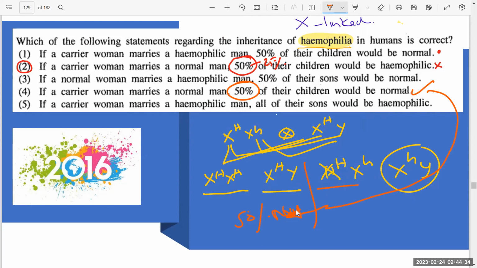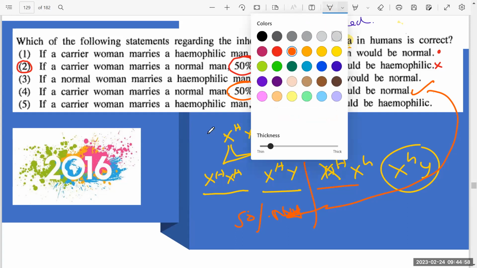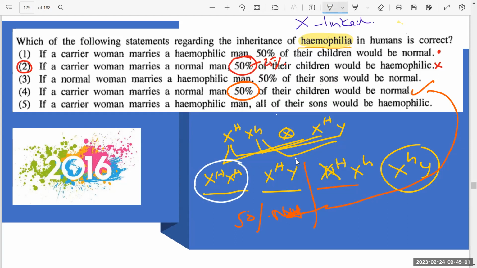Even a carrier can be taken as normal. Now here, if you look at this question, they have clearly used normal and carriers. So we should focus on this: if there is one recessive allele, then it is considered a carrier. In this case, they don't have any recessive allele, that means they are not carriers. When they are not carriers, we consider them normal. This one is a carrier.